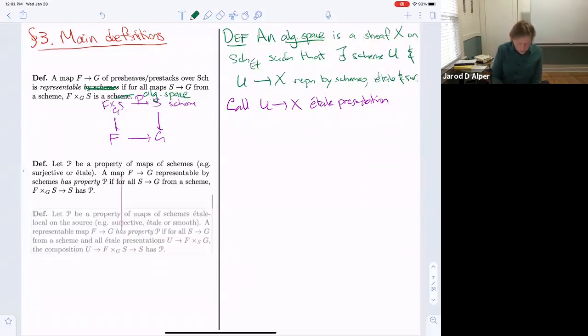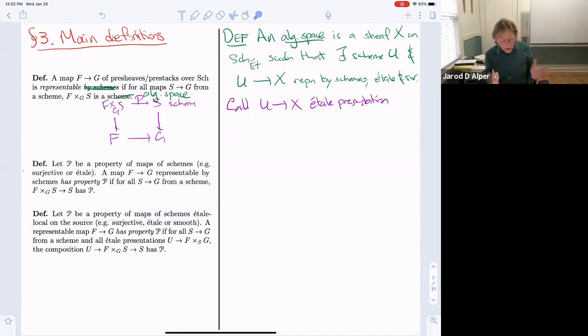And I'm going to cheat by enlarging this. So now that we have algebraic spaces, let P be a property of morphisms of schemes which is étale local on the source. What this means, maybe I'll just spell it out: étale local on the source just means that if X' is étale and surjective over X, then X to Y has P if and only if the composition has P. That's what we mean by étale local.